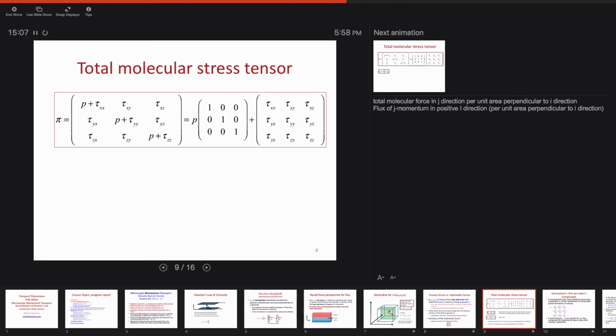So when I put together the total, what we're going to refer to as the molecular stress tensor, I'm going to have in the directions xx, yy, zz both the shear stress component and the thermodynamic pressure. And in the shear directions, I'm not going to have any pressure. So basically, it's P times the identity matrix plus my shear stress tensor. This is now a tensor which I'm going to call the molecular stress tensor P.